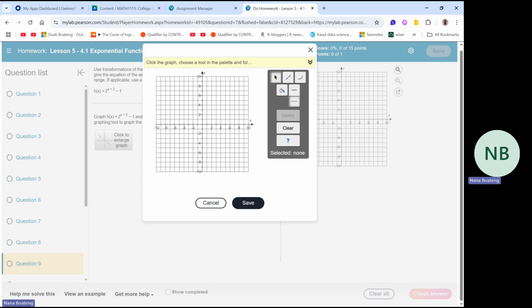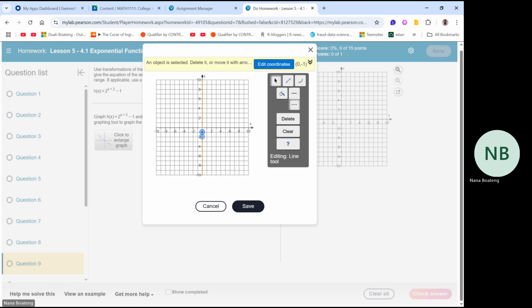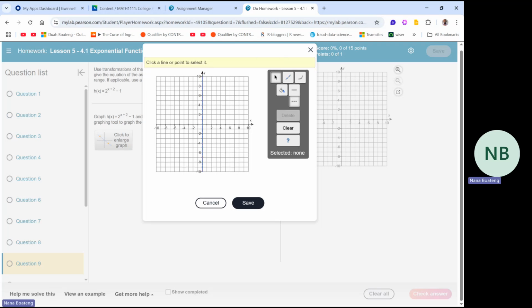Okay, so let's clear all objects and let's try again. It's a little bit tricky. So I click on this line. I need 0, -1. And let's see another point. This is tricky.